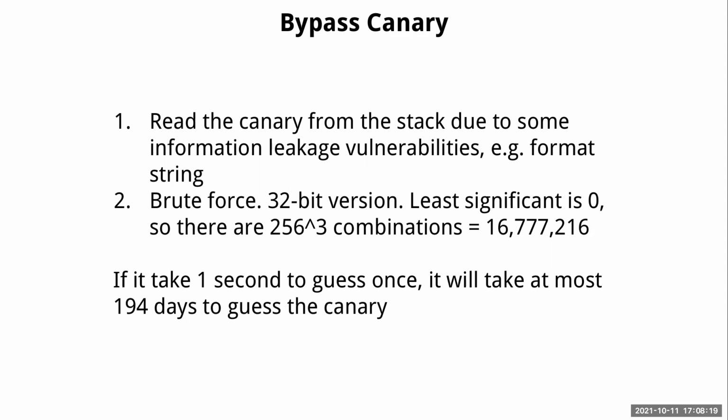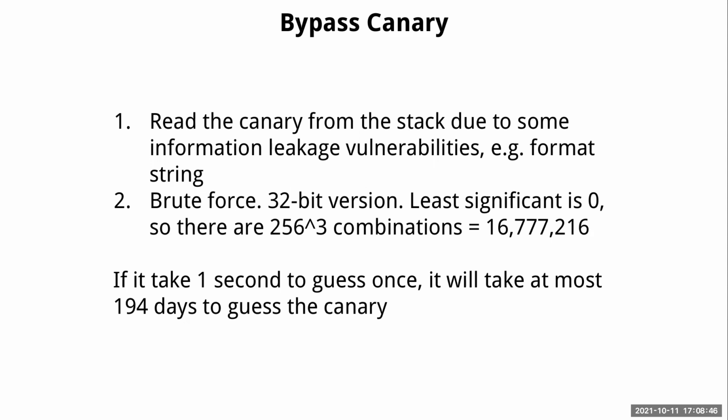The format string vulnerability will let us overwrite arbitrary addresses. If you overwrite the stack cookie, then when the function returns, it checks if the cookie has been changed. If changed, the program will just crash, showing stack smashing detected.